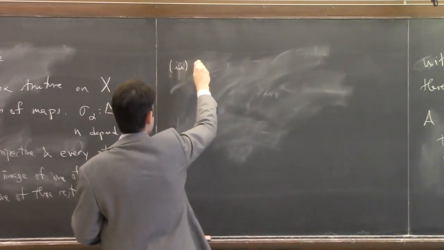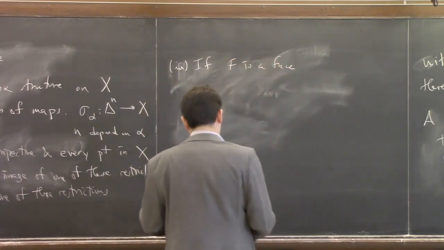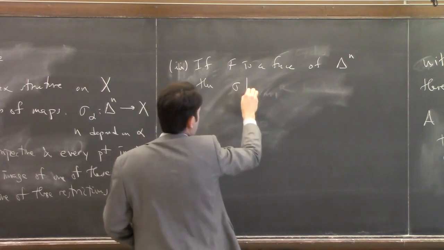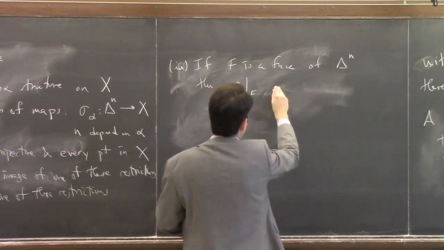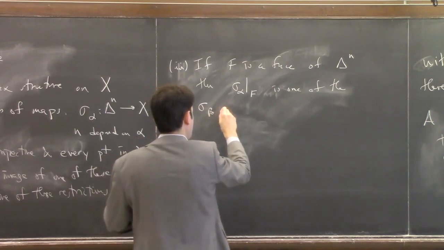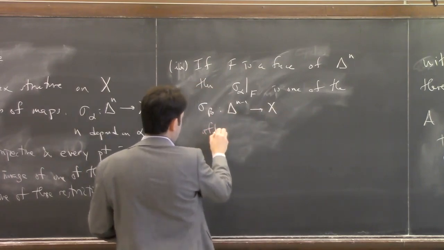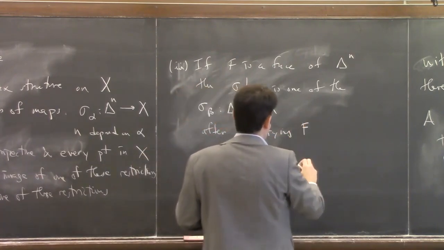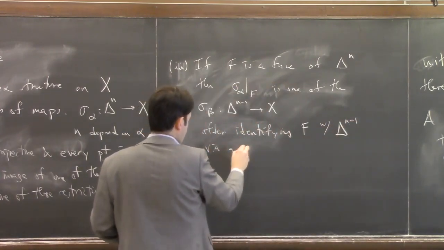So secondly, if f is a face of delta n, then sigma alpha restricted to f is one of the maps we have already, one of the sigma beta from delta n minus 1 to X, after identifying f with delta n minus 1 by a linear map.